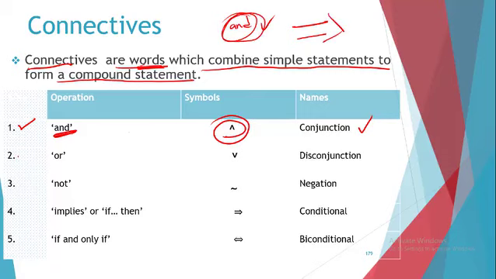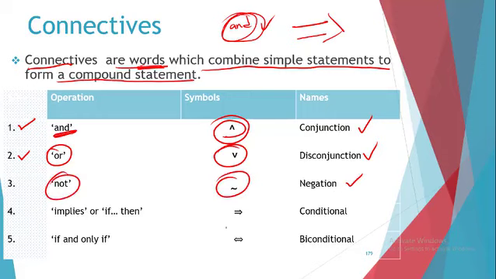And then we have number 2, or, and this is the symbol. We call it disjunction. Then we have the third one, not, represented by this sign, and we call it negation. We have number 4, implies, or if then.